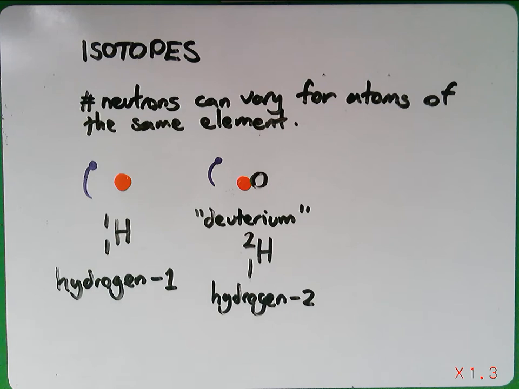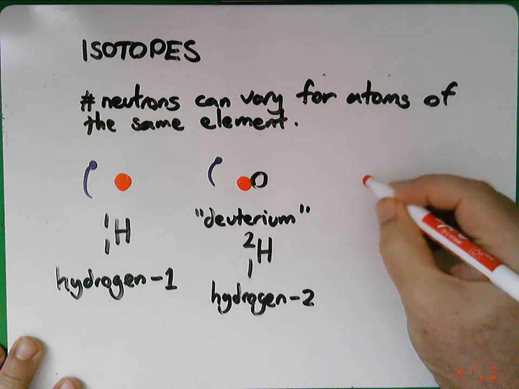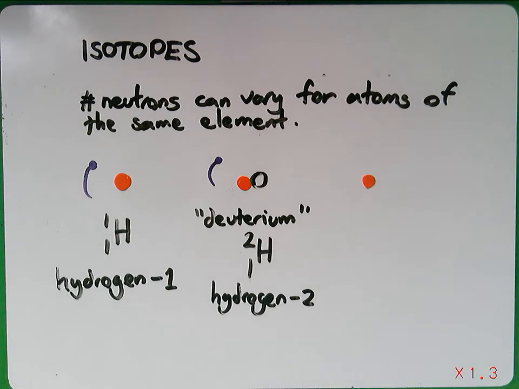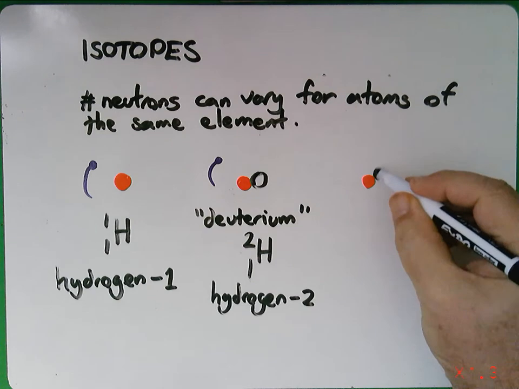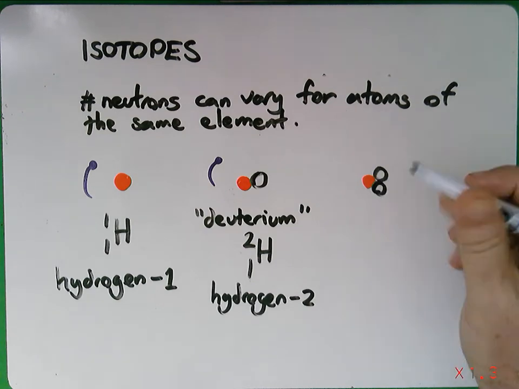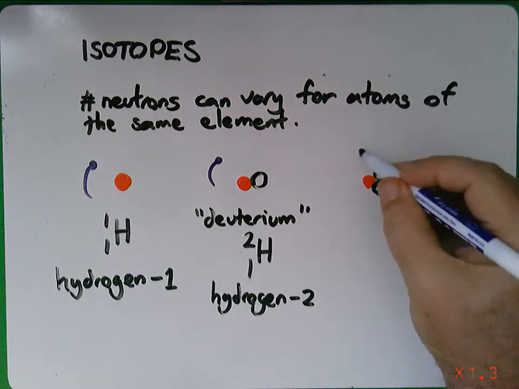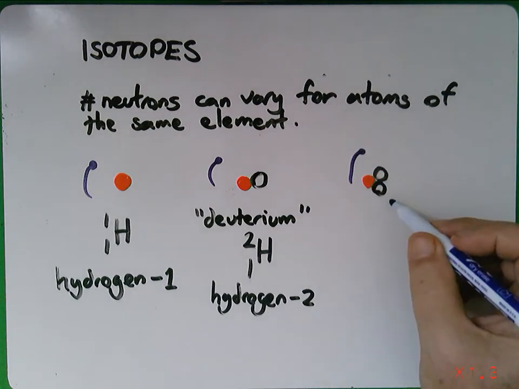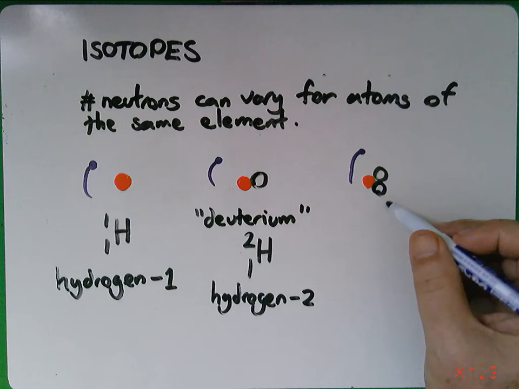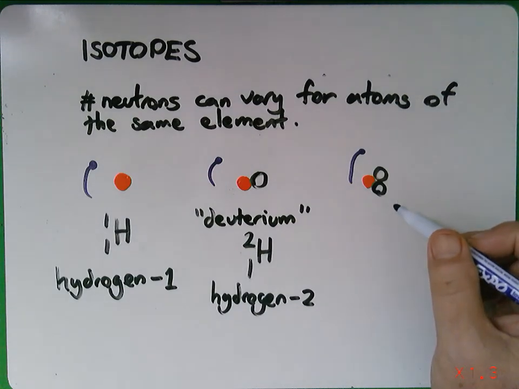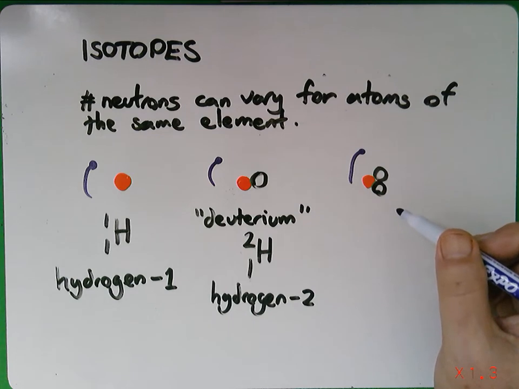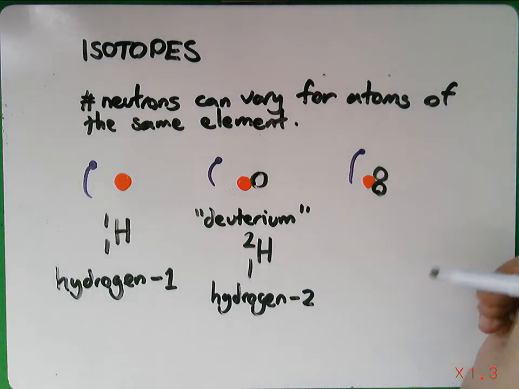There is a third isotope, which is pretty unstable, which looks like this. Now when I say unstable, there's got to be something to hold the nucleus together. And if you've got a couple protons in there, protons will try and kick each other apart because they're both positively charged, and the nucleus would fly apart. That's not the case here.